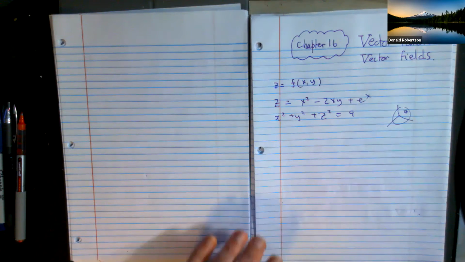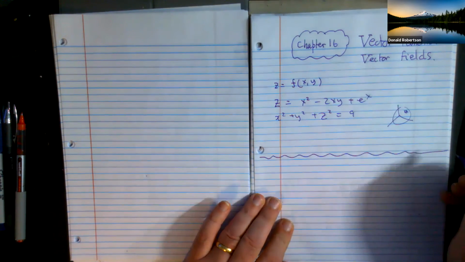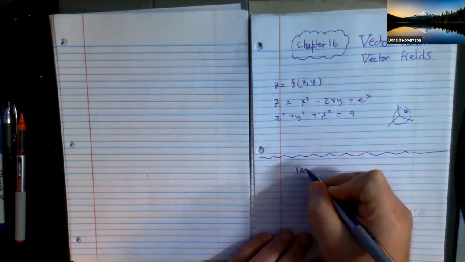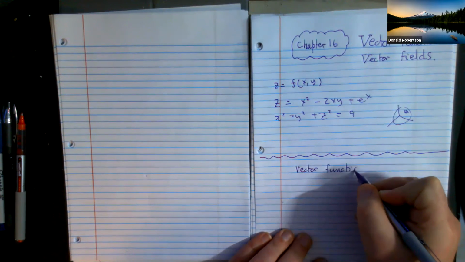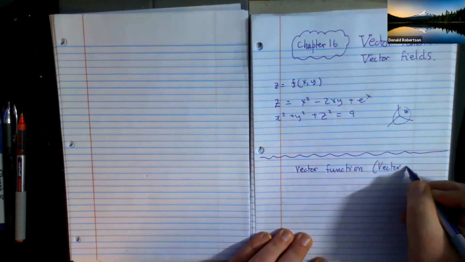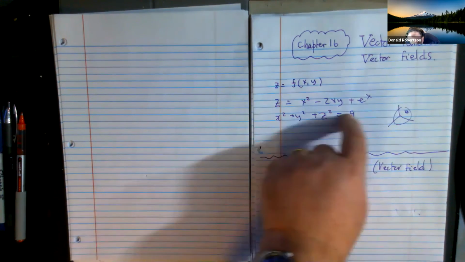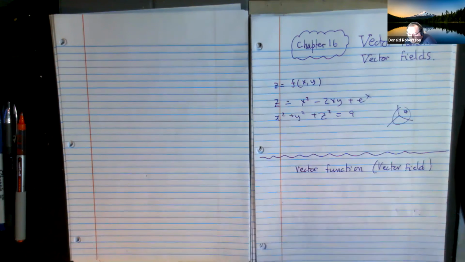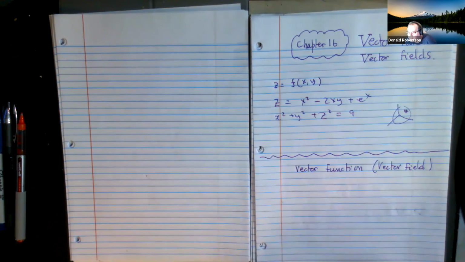But there's a new guy in town. It's a vector function. It's a vector field. These guys are scalars. What that means is that they're numbers, right? And isn't the number that you put in here generates a z coordinate number, right?